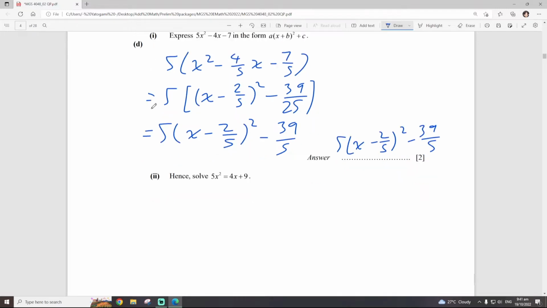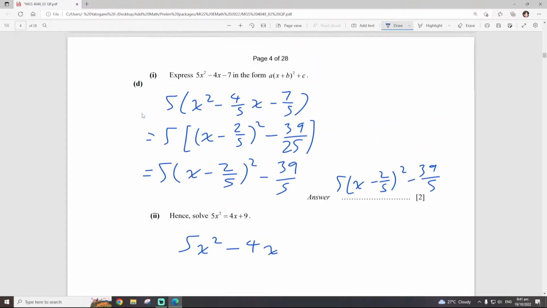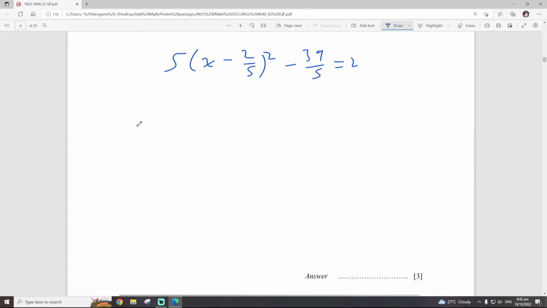And hence solve this equation. So we have 5x squared minus 4x. Now if we minus 9, we will get equals to 0, but we actually have a minus 7 at the top. So let's equate this to 2. And then do this: 5 times x minus 2 over 5 squared minus 39 over 5 equals 2. And then we will bring this over here. So 2 plus 39 over 5 is 49 over 5.